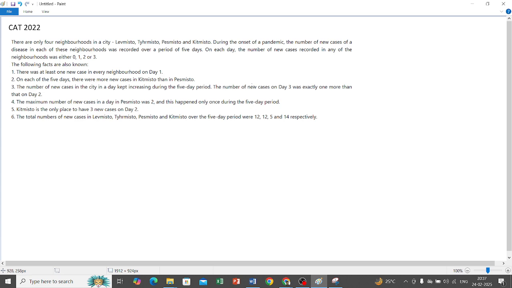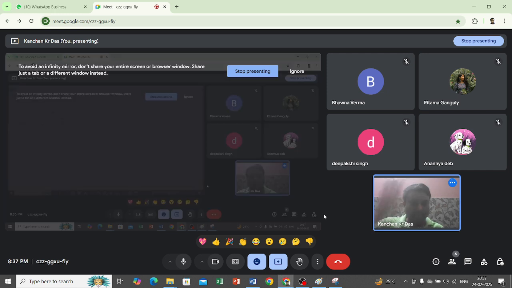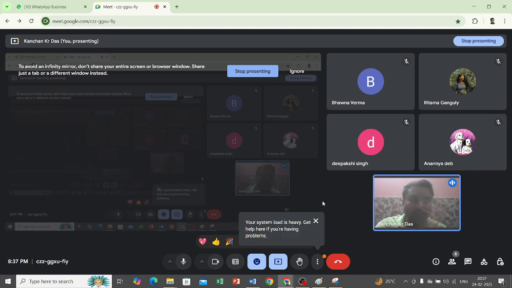Now see, on each day, the number of new cases recorded in any of the neighborhoods was either 0, 1, 2 or 3. That means what? Each day, say for example Monday, the number of cases recorded in any of the neighborhoods was within 0, 1, 2 and 3.